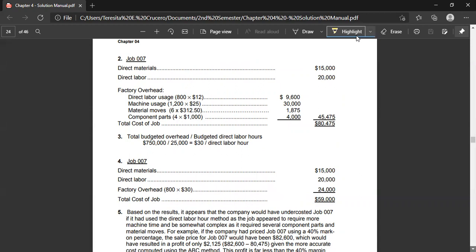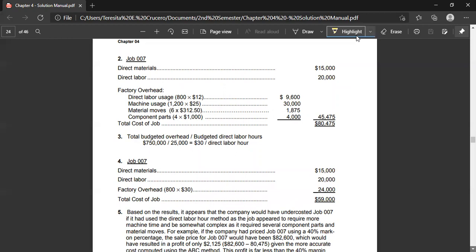For example, if the company had priced job 007 using a 40% mark-up percentage, the sales price for job 007 would have been 82,600, which would have resulted in a profit of only 2,125.